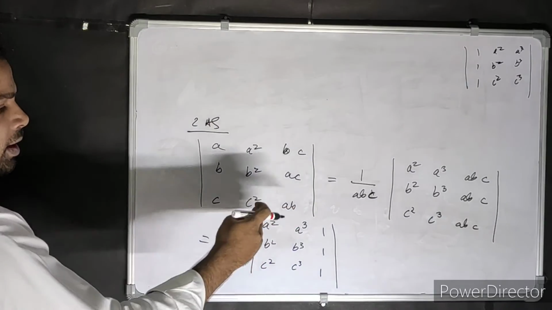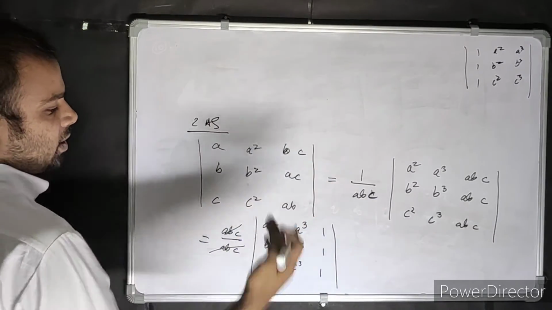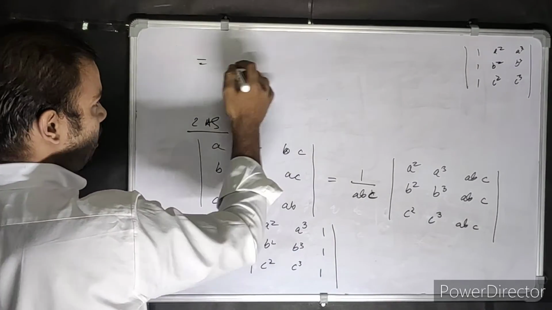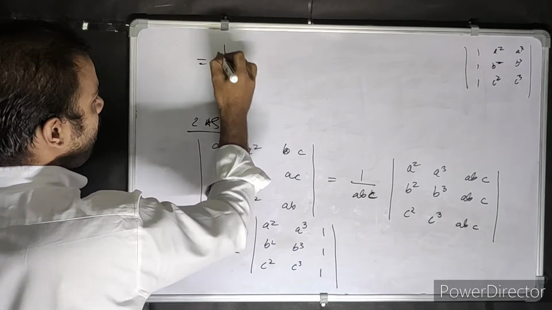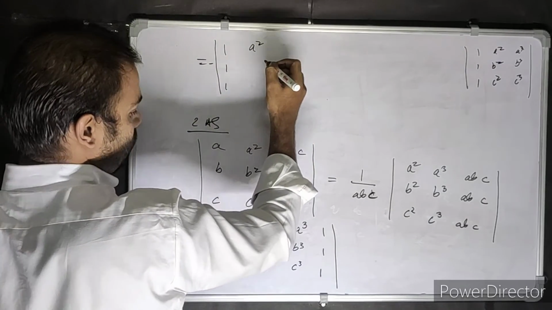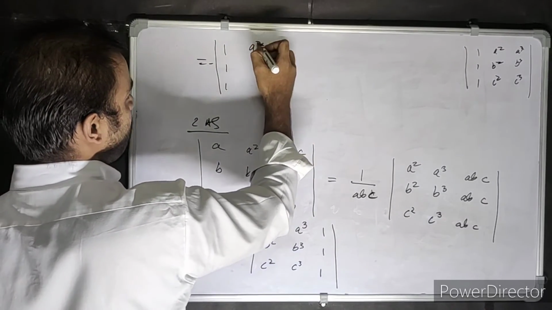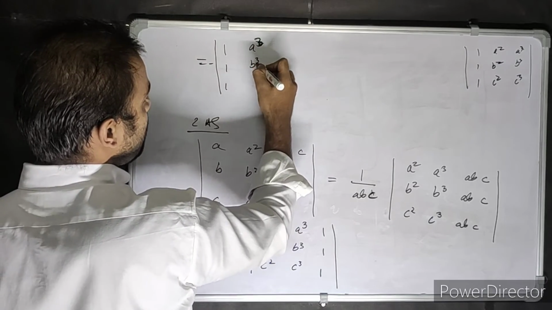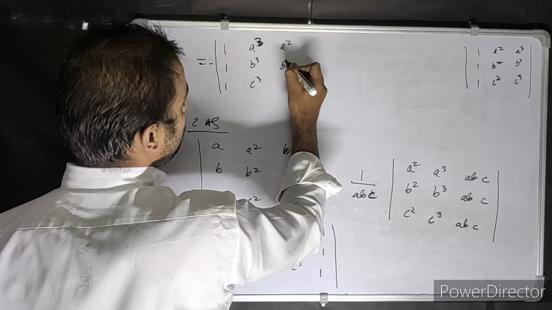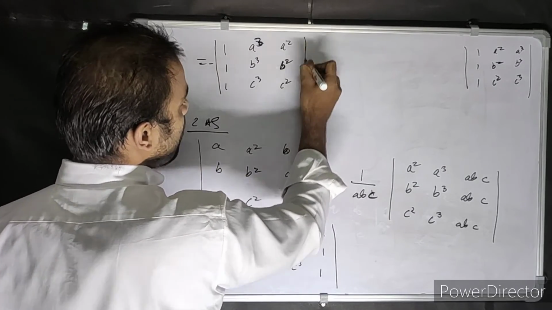Bring this here and take this there. It becomes 1, 1, 1, first negative 1, then a square, a cube only, a cube, b cube, c cube, and a square, b square, c square.